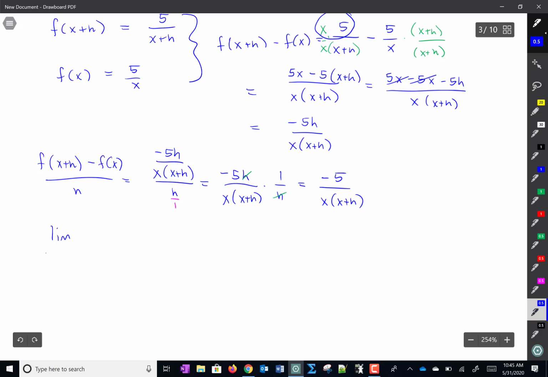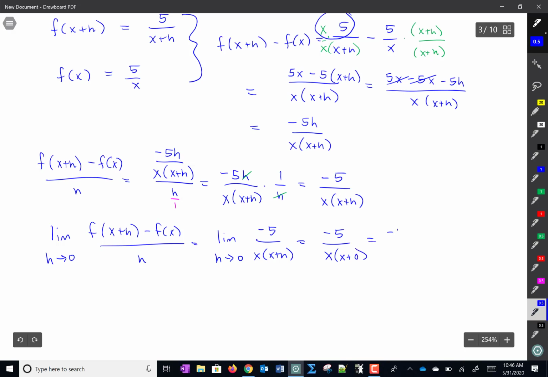So the limit as h goes to 0 of f of x plus h minus f of x divided by h is the limit as h goes to 0 of this simplified object that I just came up with. And when h goes to 0, then this becomes negative 5 over x times x plus 0, which is negative 5 over x squared.